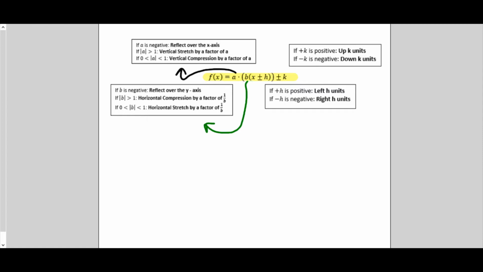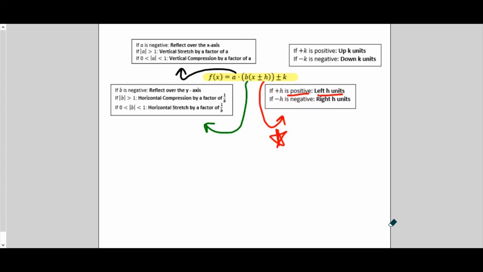The next letter is the x, but the x is just the variable. So there's nothing to describe there. That's just the variable. H is when it's important. If h is positive, then you move left h units. So it does the opposite. You think positive moves right, but it doesn't.